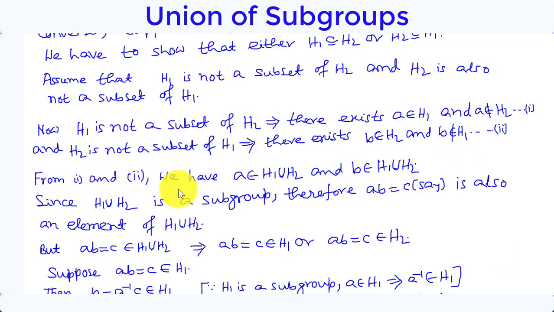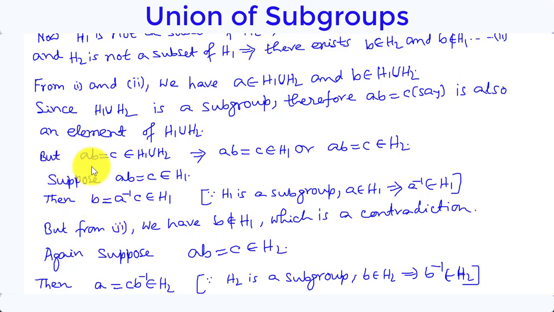From 1 and 2, we have A belongs to H1 union H2 and B belongs to H1 union H2. Since H1 union H2 is a subgroup, therefore A into B is equal to C, say, is also an element of H1 union H2. But A into B is equal to C belongs to H1 union H2, implies that A into B is equal to C belongs to H1 or A into B is equal to C belongs to H2.